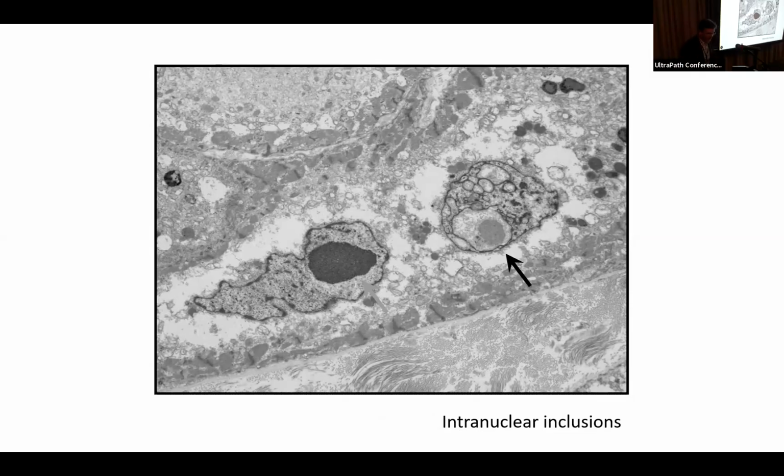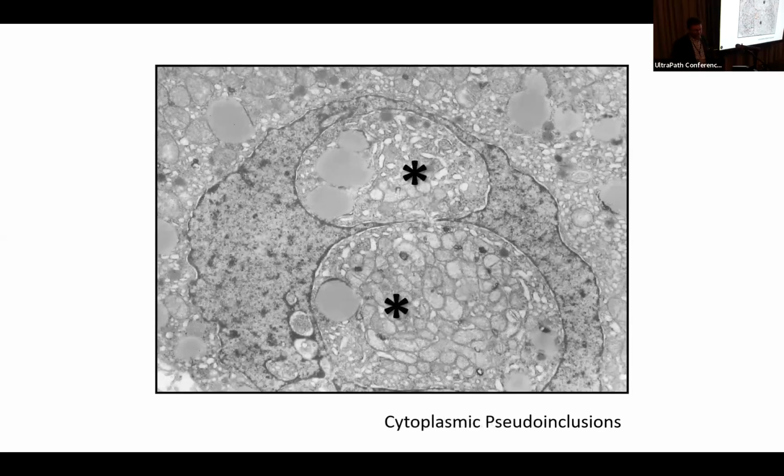So the specimen was sent for EM examination, and what we found was that one of the inclusions was really just a giant nucleolus, and the other inclusion over here is a pseudo inclusion. It's just a protrusion of the cytoplasm into the nucleus, and you might wonder kind of how that happens.